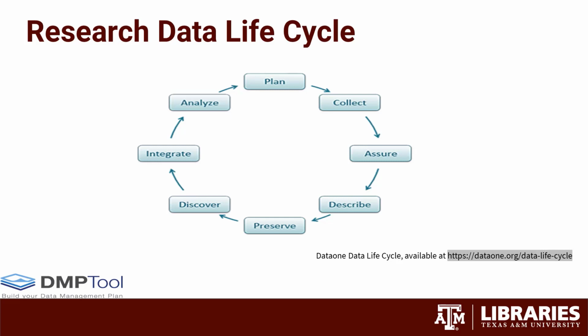Some research activities might use only part of the lifecycle. For instance, a project involving meta-analysis might only focus on the discover, integrate, and analyze steps, while a project focused on primary data collection and analysis might bypass the discover and integrate steps.